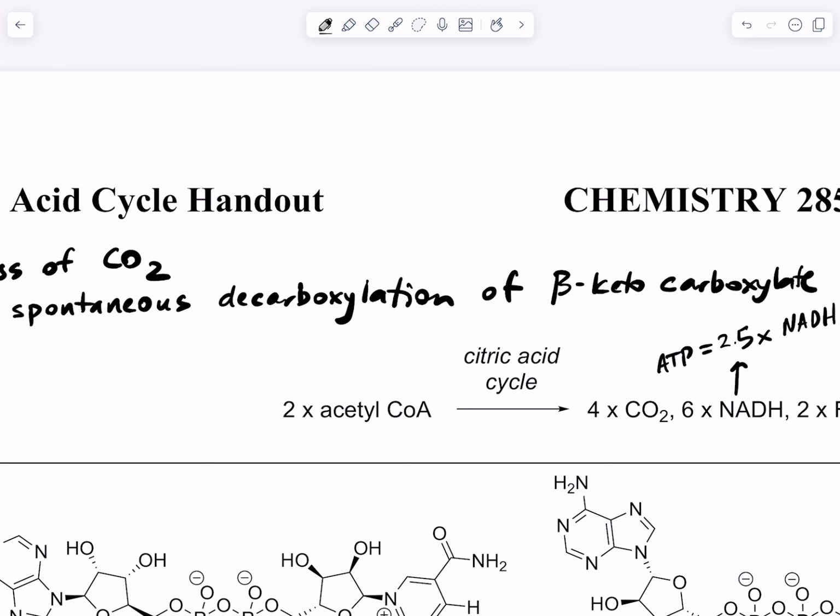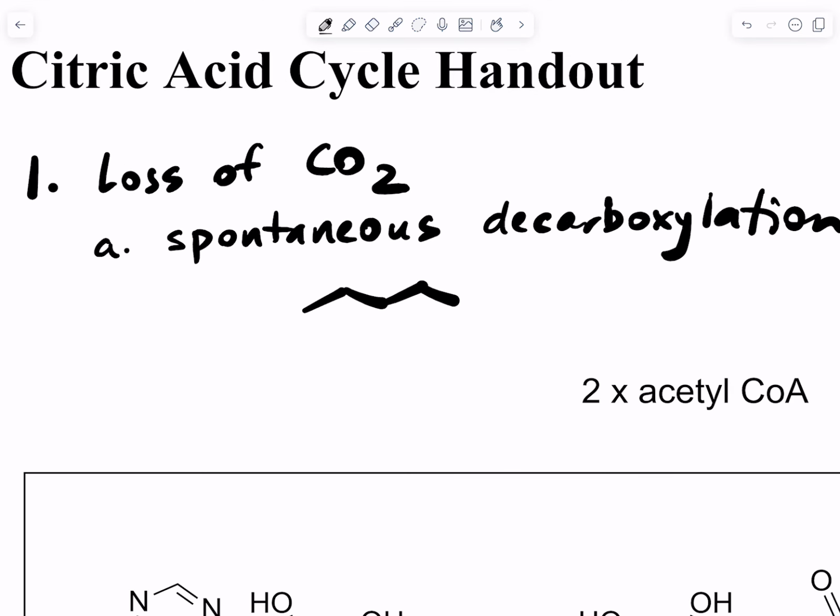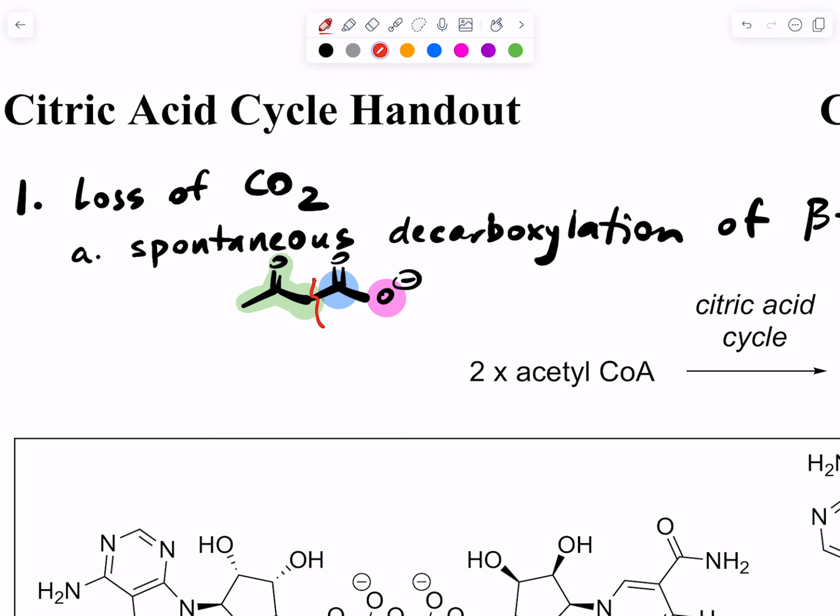The key feature of the beta keto carboxylate, just to draw a simple one, is that you have the carbonyl carbon in the carboxylate, you have the carbonyl oxygen that is the kicker-offer, and then here you have an enolate leaving group, such that you can break the bond between the carbonyl carbon and the alpha carbon to get a resonance stabilized enolate.